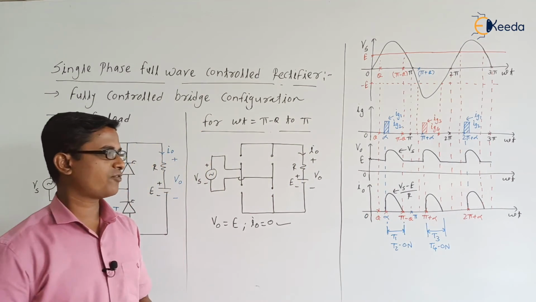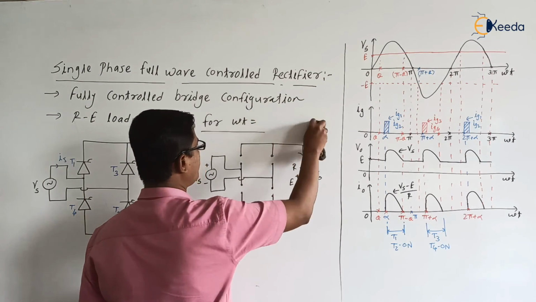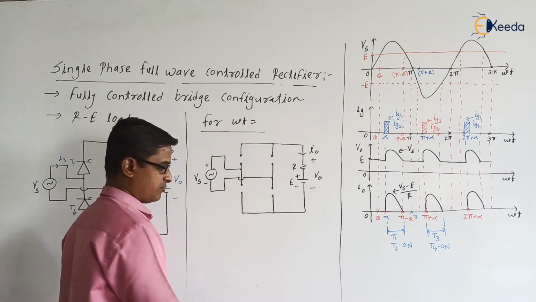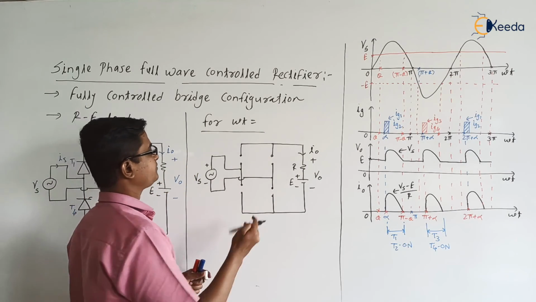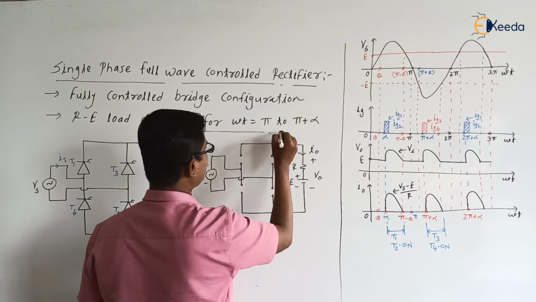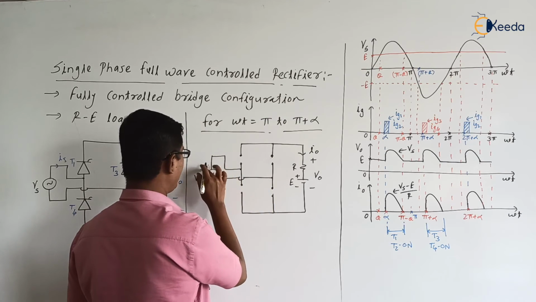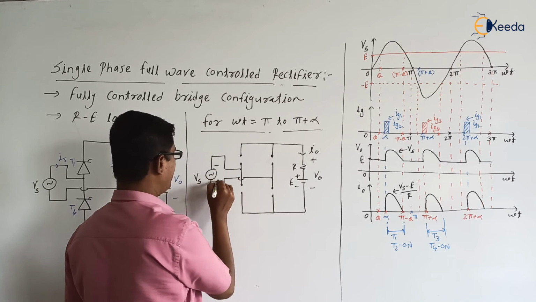Next, from pi to pi plus alpha. During this interval, the supply voltage is reversed, so here it is a minus and here it is a plus.